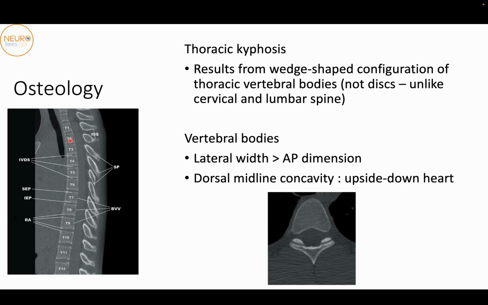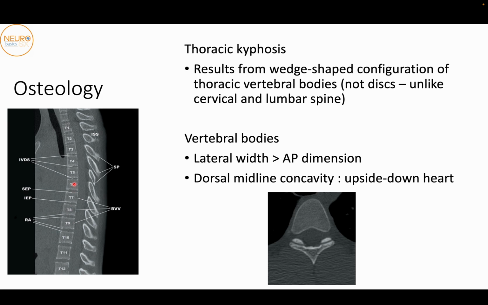As we know, the primary curvature of the cervical spine is lordosis, of the lumbar spine is also lordosis, but that of the thoracic spine is thoracic kyphosis. Now, in the cervical spine, the lordosis was coming mainly from the intervertebral discs and not from the vertebral bodies. But thoracic kyphosis mostly arises because of the vertebral bodies.